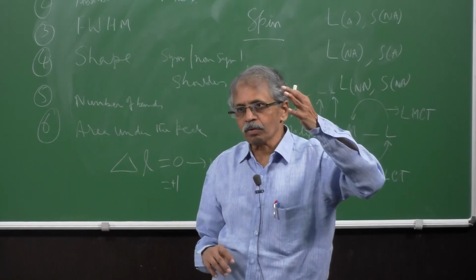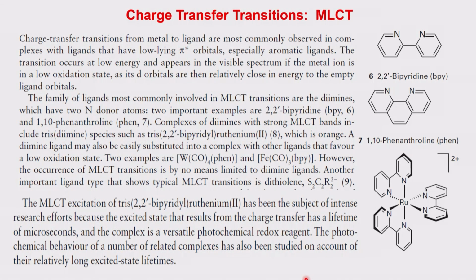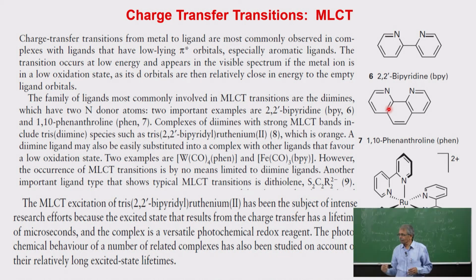So most often you will find diimine ligands favored in metal complexes for metal to ligand charge transfer, because they have low lying empty pi star orbitals which will accept the electrons.